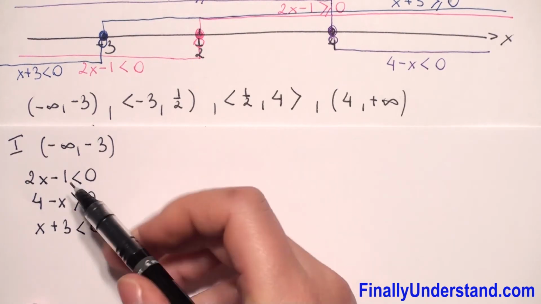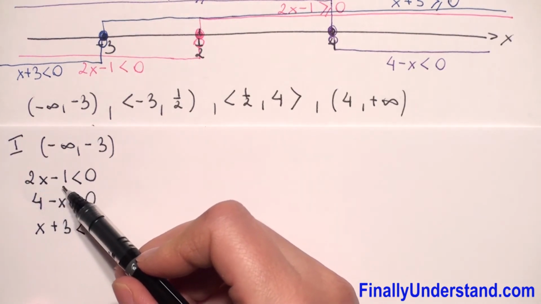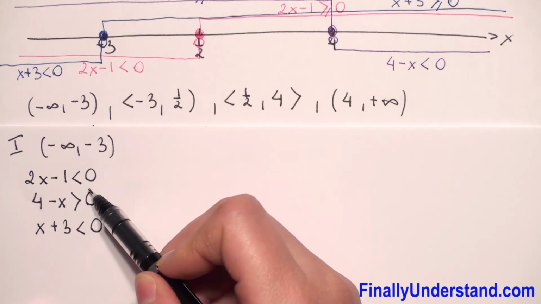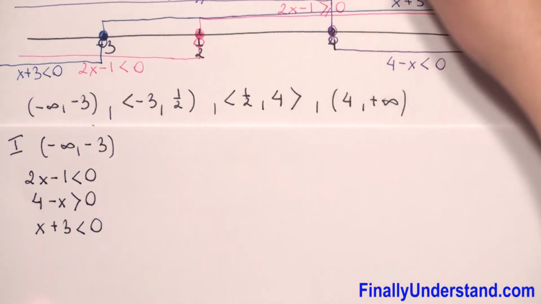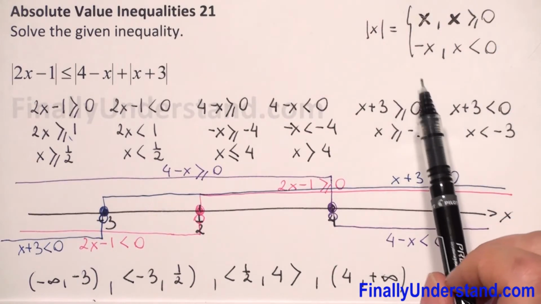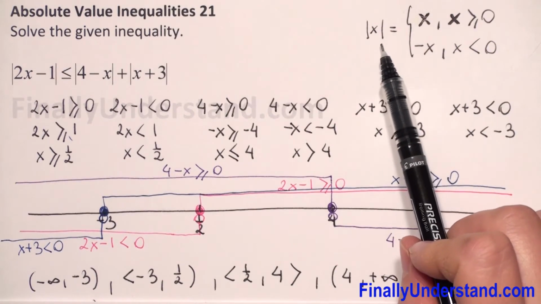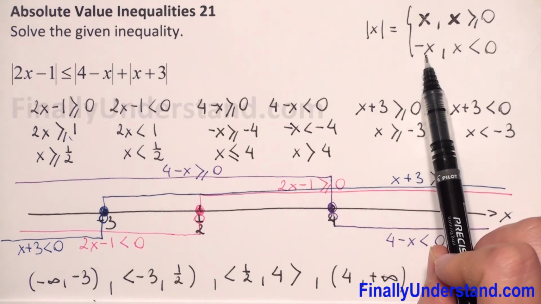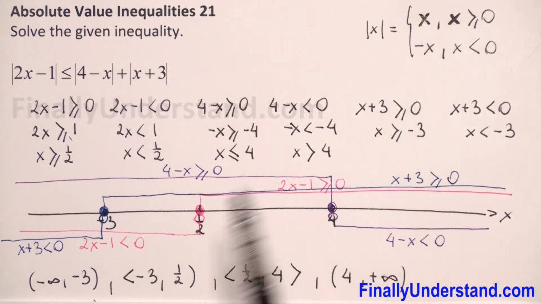So now when we know that 2x minus 1 is less than 0, based on our definition of absolute value, when we take these absolute value bars, we have to put a negative sign before this whole expression.